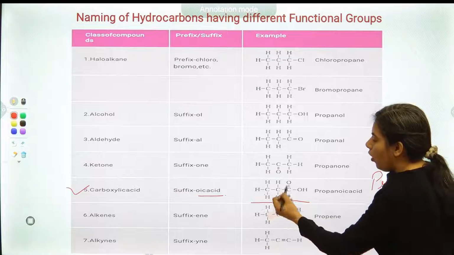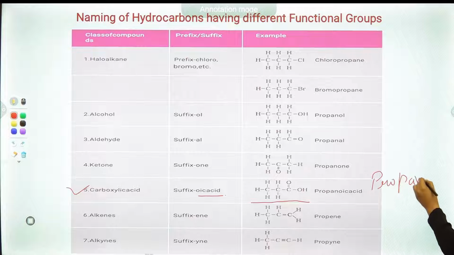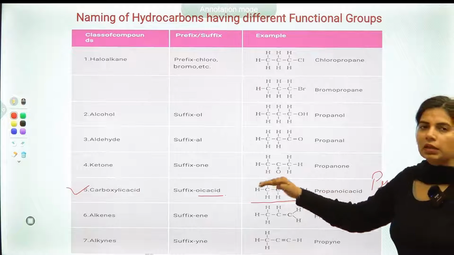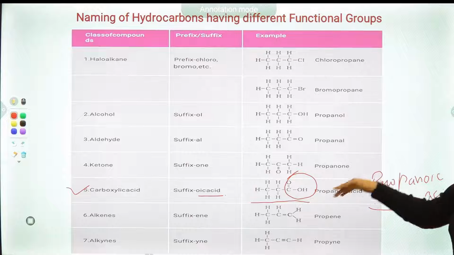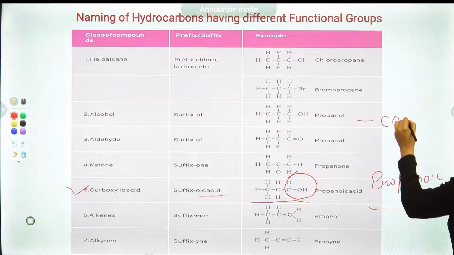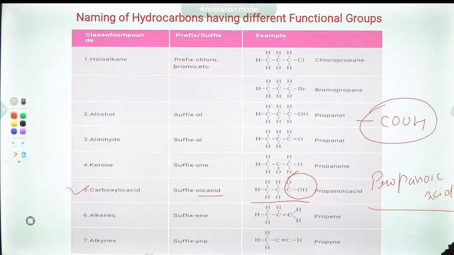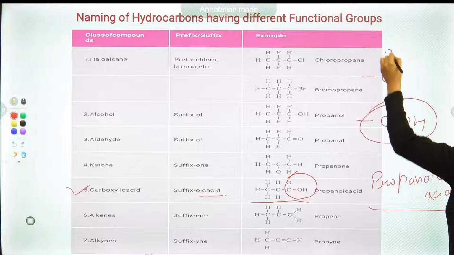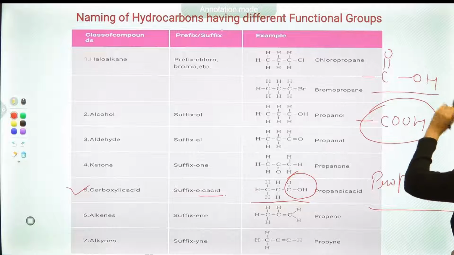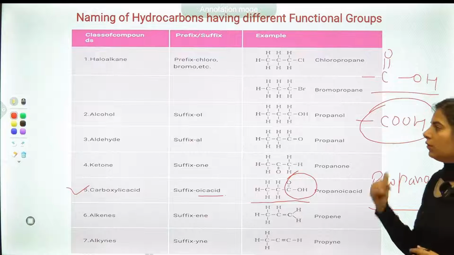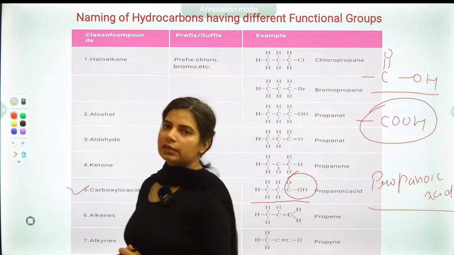And all the carbons except the carbon of functional group, we are having single bond. And next is our functional group, for which we are going to write oic acid. So we come up with propanoic acid. And here, this is our functional group and we can represent it like that. This is the exact representation for our functional group, that is carboxylic acid.